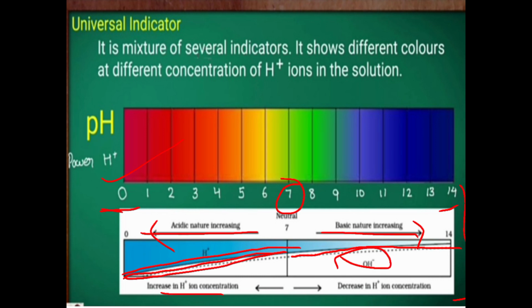That means this part is basic in nature, and the basic nature is increasing. 7 is the neutral part. With this we can understand whether acids contain more or less H plus ions. We can measure the quantity of acids and bases with the help of a pH scale. I hope you are clear with the concept of pH.